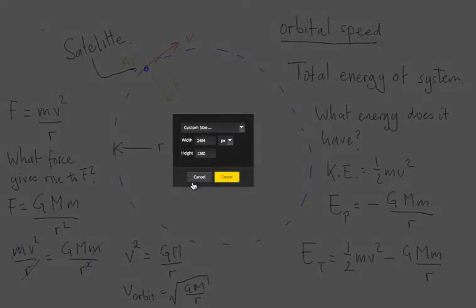Let's take a new slide. Now notice we worked out an expression for the total energy before, which was half mv squared minus G big M little m over r. Now this v here was the orbital speed, which I derived from the previous slide. It was big G big M over r.